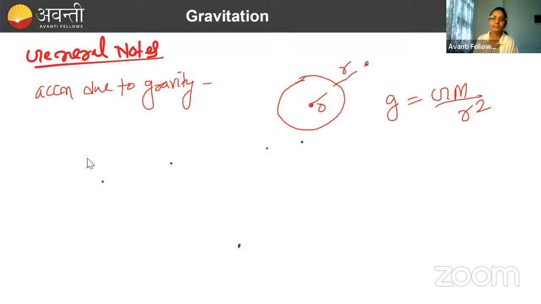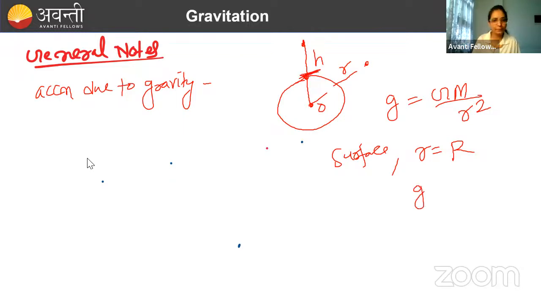What happens to acceleration due to gravity as we move away from the surface of Earth? For the surface of Earth, r will be equal to capital R. Done. And at any height h, suppose I have to calculate acceleration due to gravity at a height h from the surface.